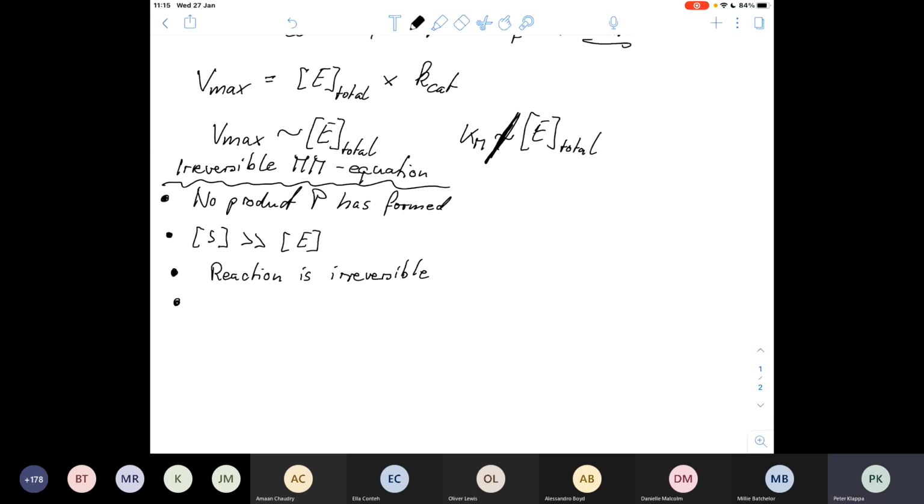We also need to measure the reaction right at the beginning, at the start. So we need to get the initial rates. Very good point. Thank you very much for reminding me. That's very helpful.